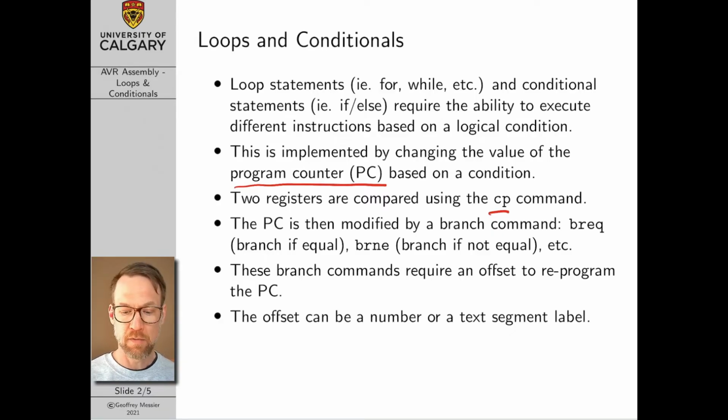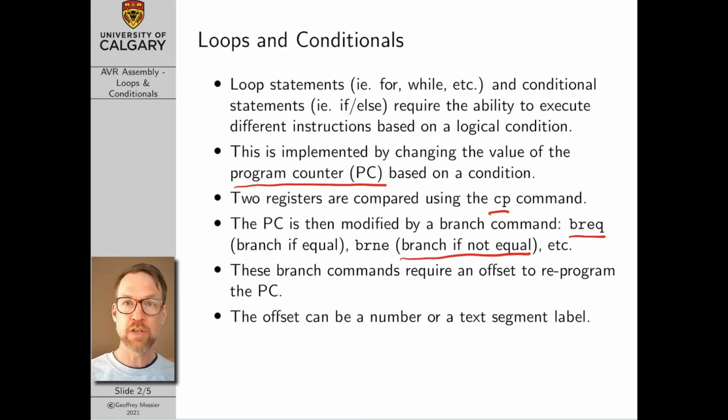So we can have BREQ, which is branch if equal. There's branch if not equal, branch if less than, branch if greater than, and you can check out the AVR instruction set manual and you'll see a complete listing of all of the different branch commands available. The one thing that all of the branch commands have in common is that they require an offset.